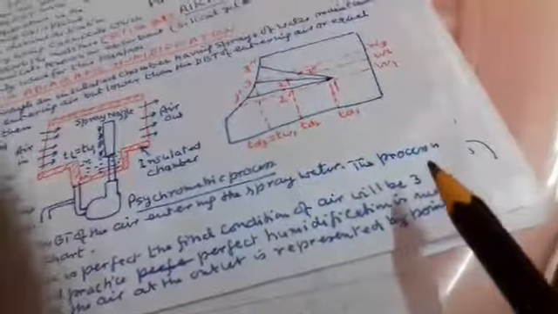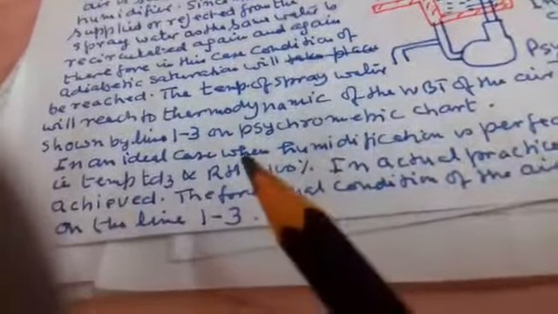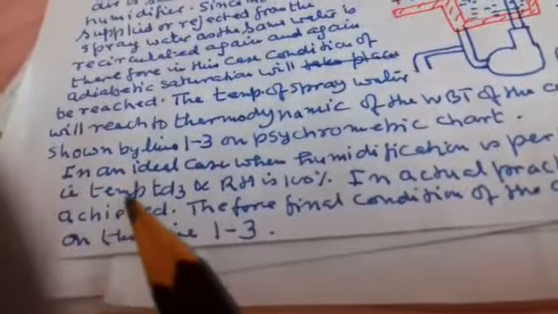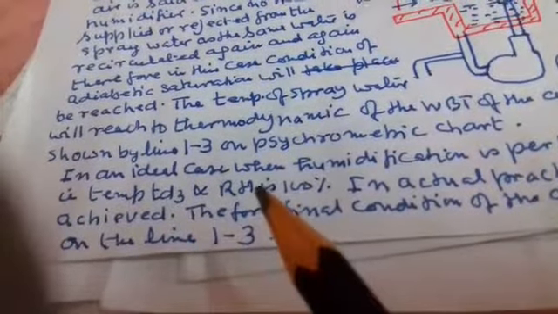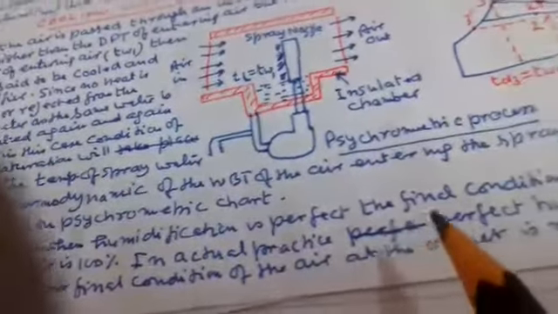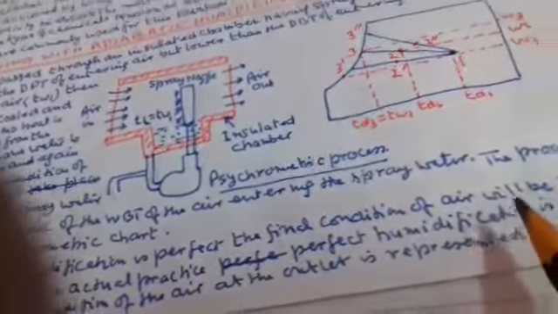The final condition of air will be temperature TD3 and RH 100%. The temperature is TD3 over here, that is on the dry bulb, and this is the RH 100% line.